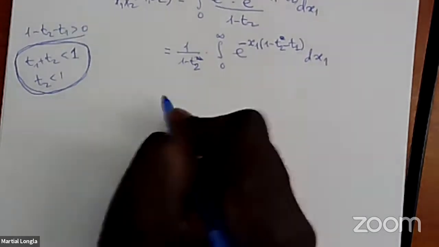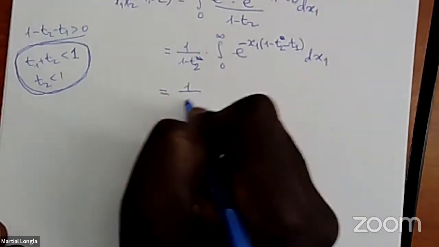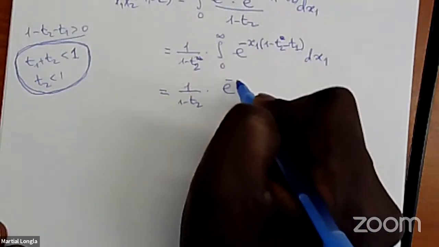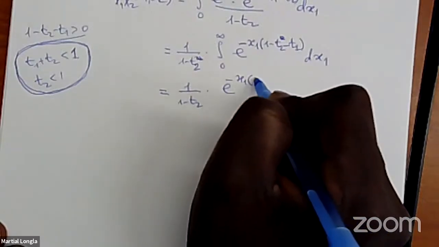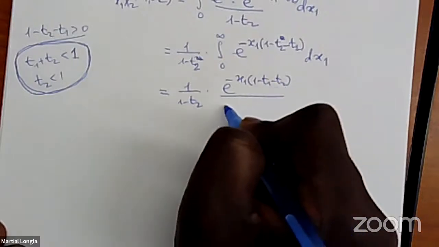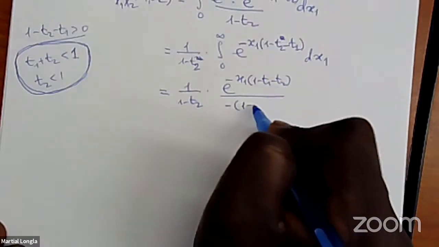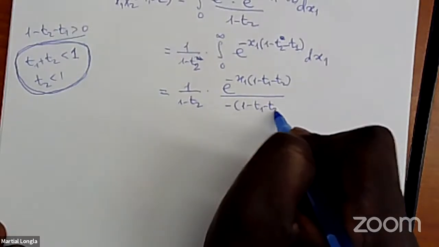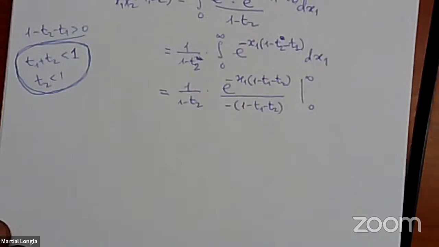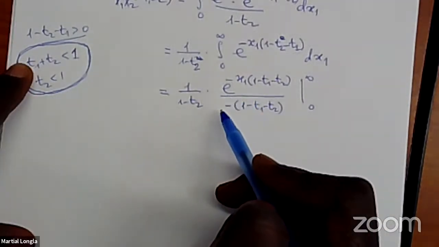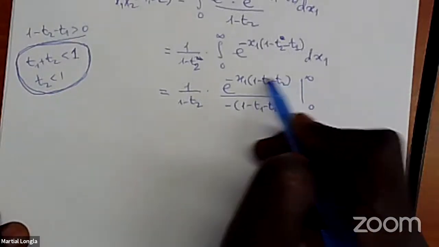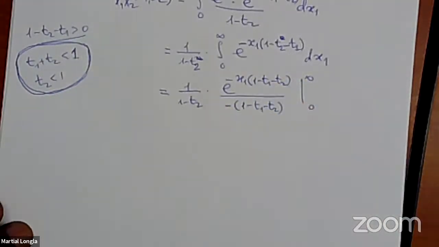And so when you integrate this, you get 1 over 1 minus t2, and then e to negative x1 times (1 minus t1 minus t2) over negative (1 minus t1 minus t2) from 0. Again, with the condition that t1 plus t2 is less than 1, when you plug in infinity, you get 0.